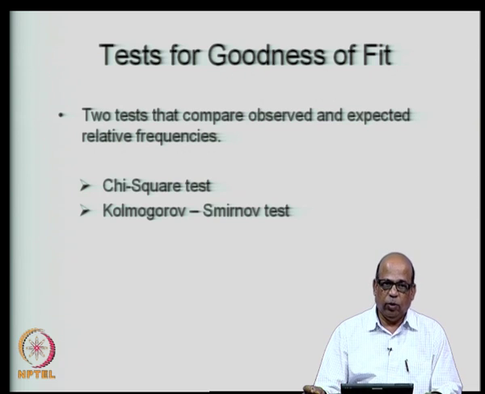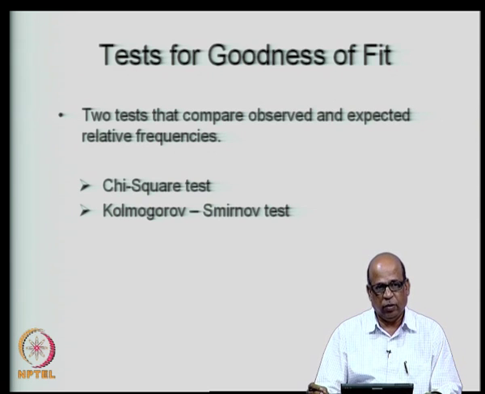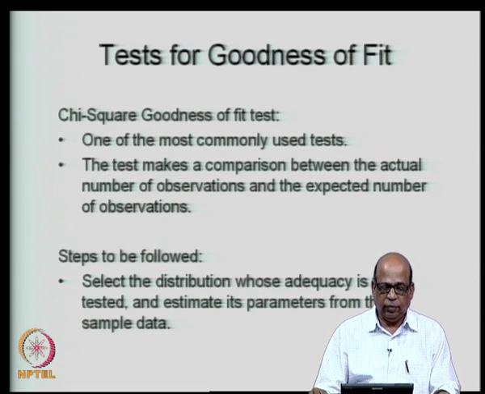In the Kolmogorov-Smirnov test, we compute these relative and observed frequencies and take the maximum departure, and based on the maximum departure we conclude whether this can be fit to a particular distribution or not. So, these are the two major tests that we frequently use. We will also discuss some limitations as we progress. So, we will start with the chi-square test.